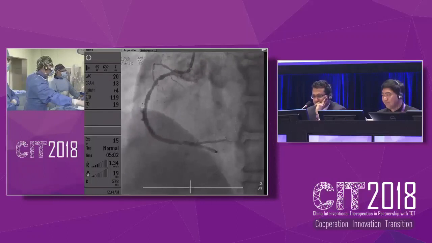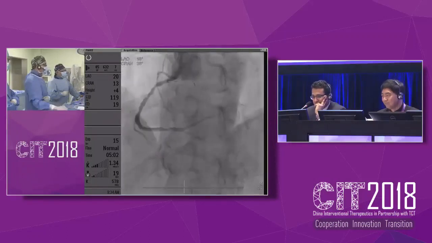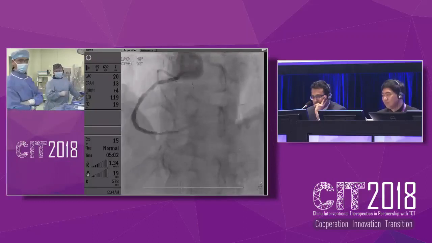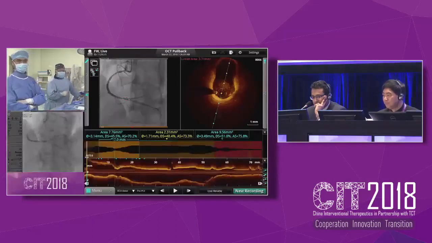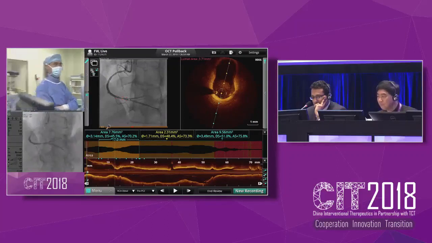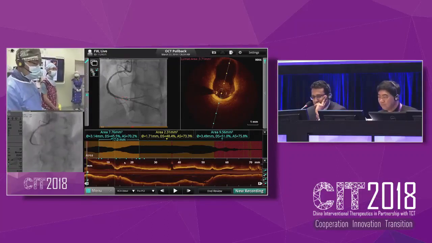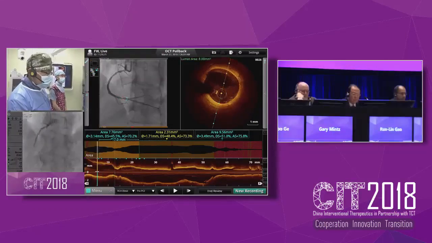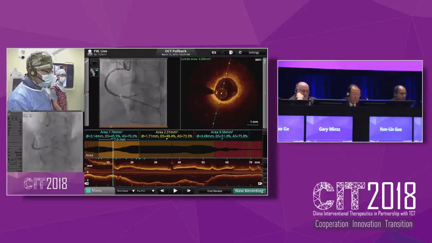Then we checked the OCT today. Please put the OCT image on the screen, and Dr. Yin Dong will interpret it. Yes, we have already performed the distal RCA OCT. From distal to proximal, we have the tighter lesion.